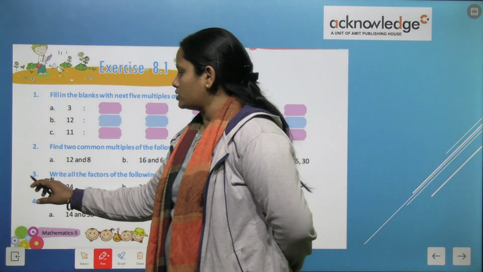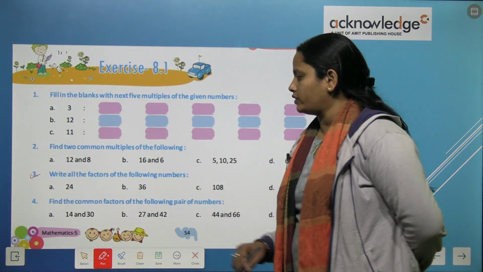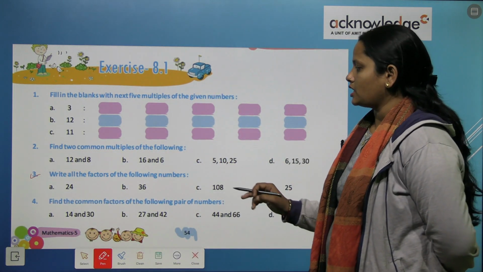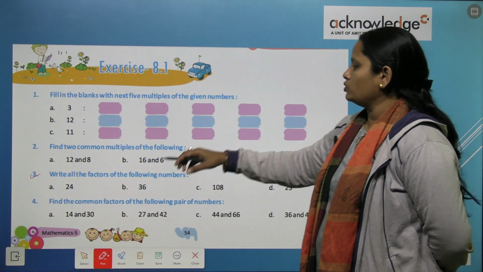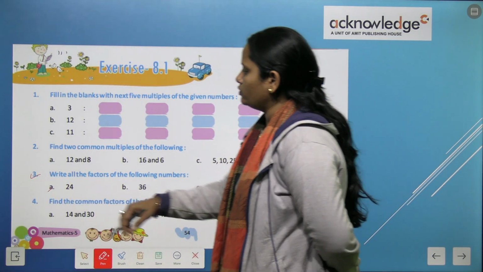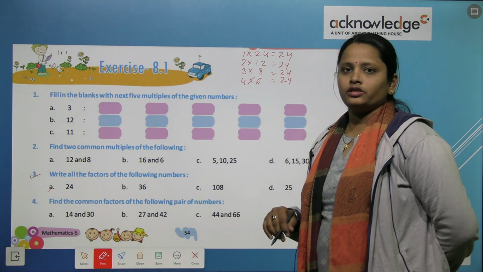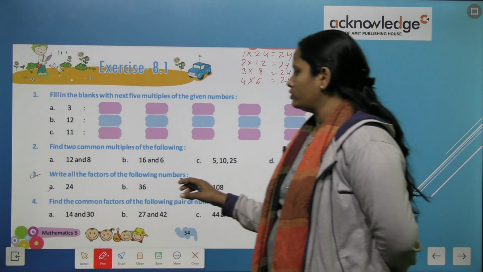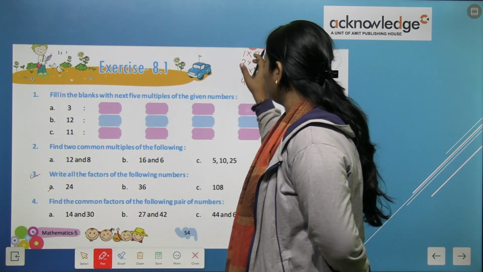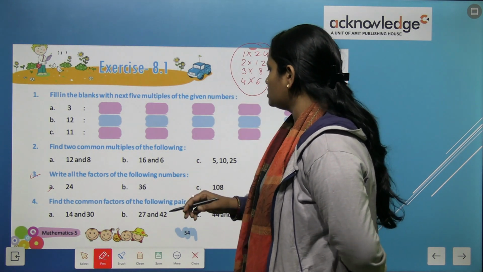Now let's do this question number 3. Write all the factors of the given numbers. ये number दिए गए इनके सारे factors लिखने हैं. So let's do this first one, 24. Let's write down the factors of this. So children, the factors of 24 are, these numbers are the factors.